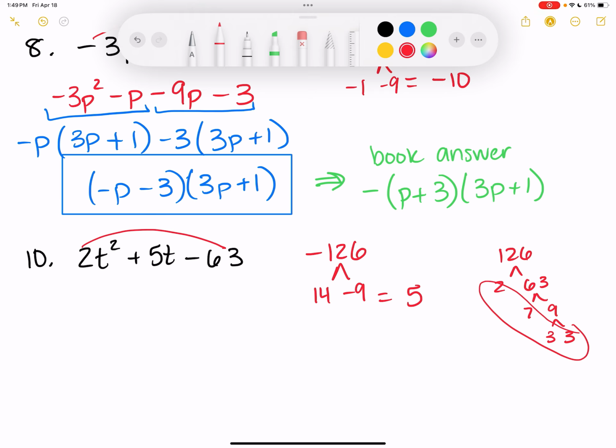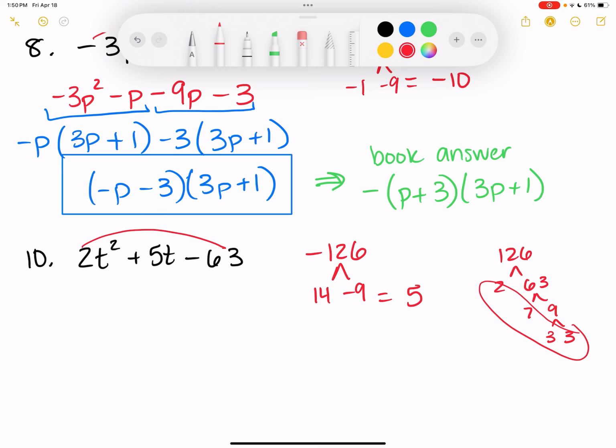So this is one where I would say I do care a little bit about the order. Like I said, you'll get the same answer either way, but it's a little bit easier if I put the even number with the even number. Okay, so things like that are what I'm looking for. So I'm going to write 14t first and then negative 9t, because 63 and 9 are both odd, so more likely something's going to come out of those.